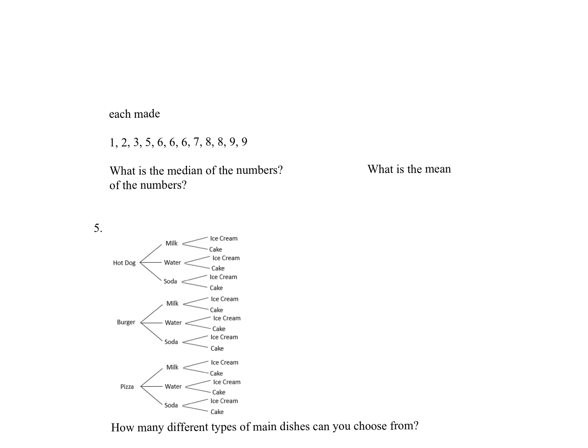So the median is the middle number. So what I'm going to do is I'm just going to cross out one from each end until I get to the middle number. So crossing them out, crossing them out, crossing them out. If you notice, I have 2 numbers in the middle. So if I have 2 numbers in the middle, which there will be on the test, we add them up. They will be different too.